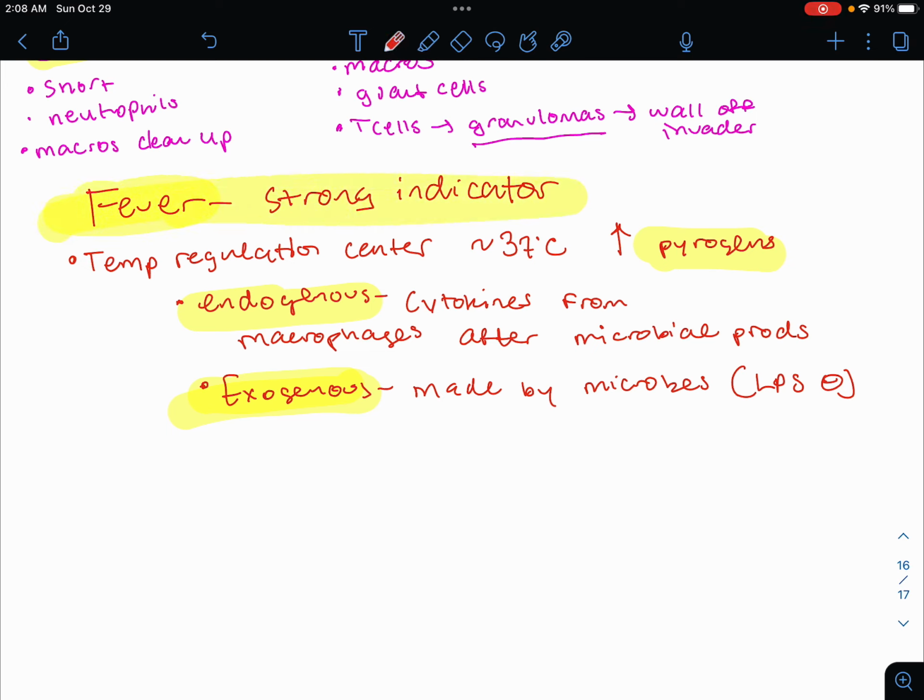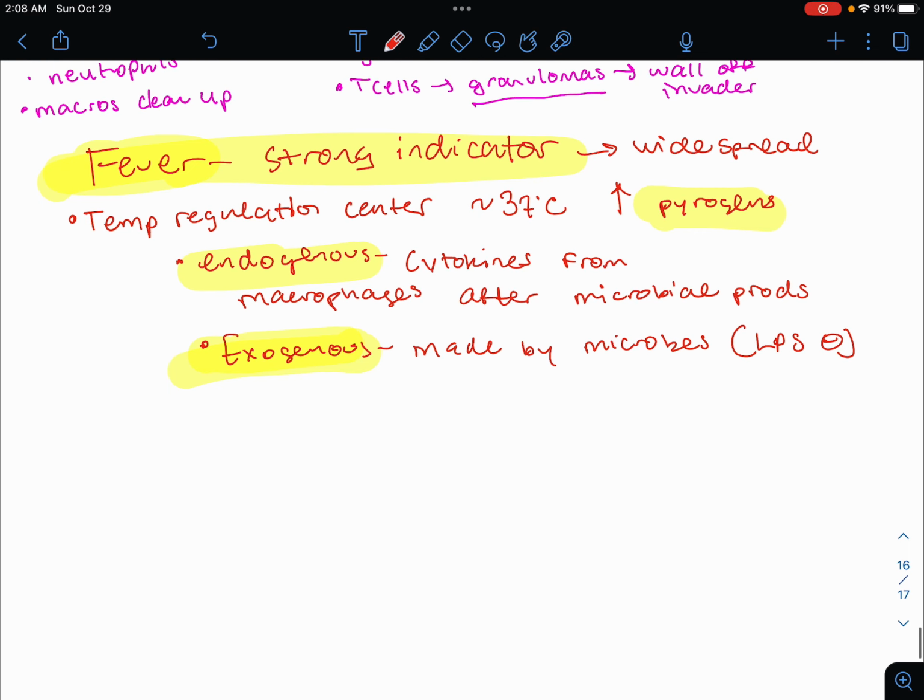Fevers are also not localized. This is going to be widespread, not in just one area. We're going to experience chills, not only because it's Halloween, but because the body temp is set below, and then we try to warm up.